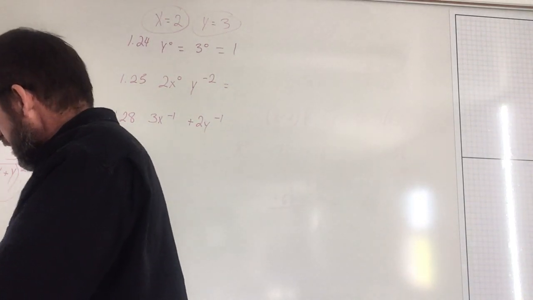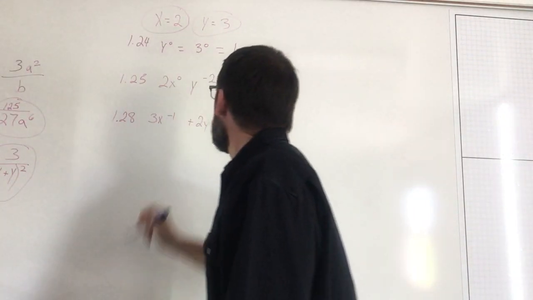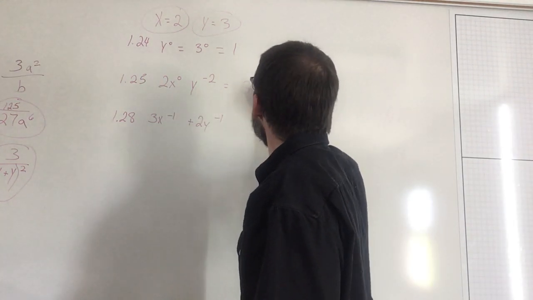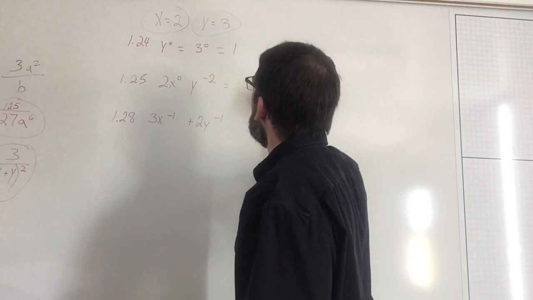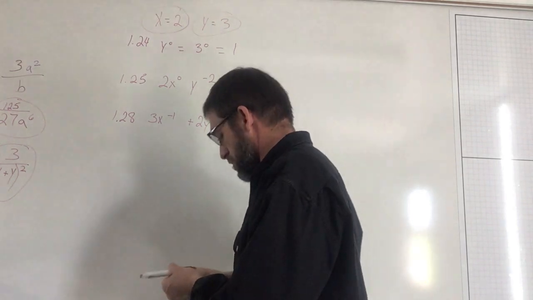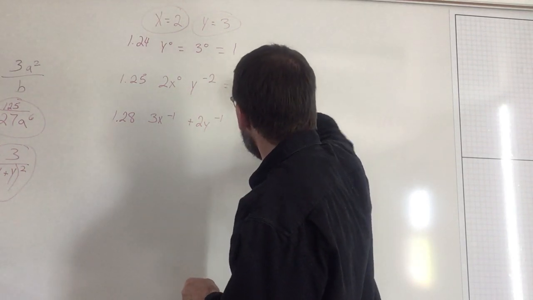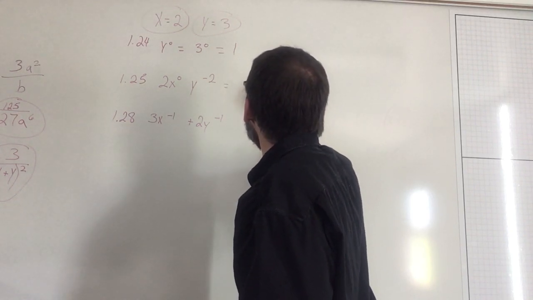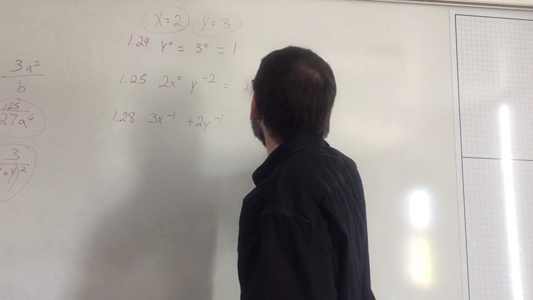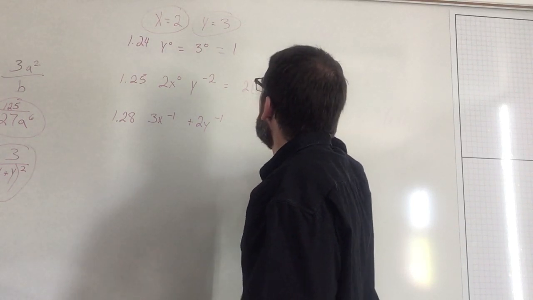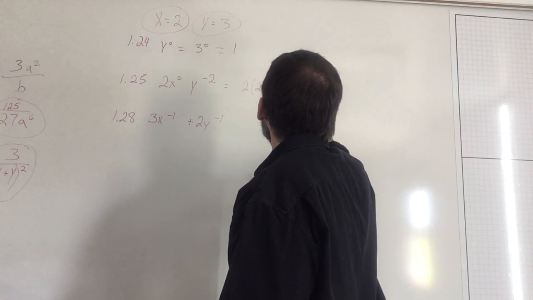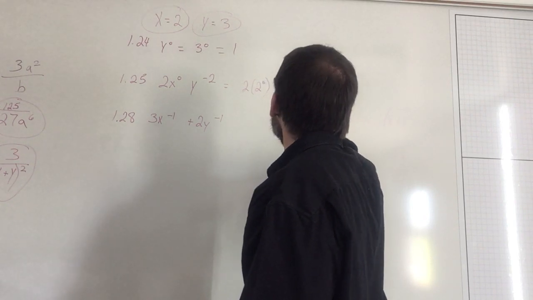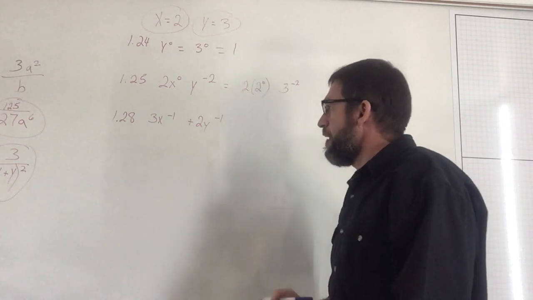On 125, I've got 3x, so I have 2, and then I've got 2 to the 0, and then I've got 3 to the -2.